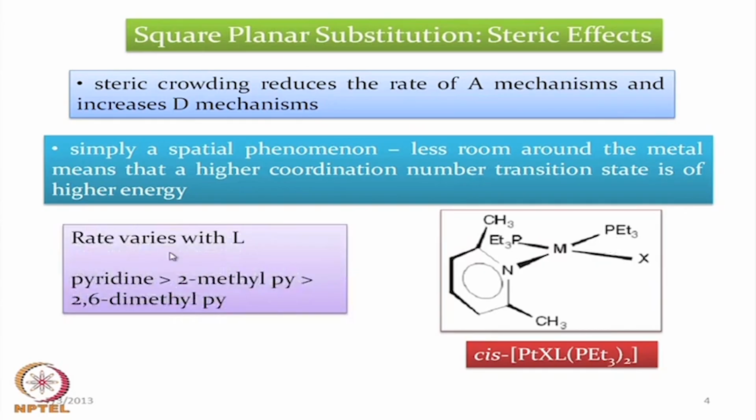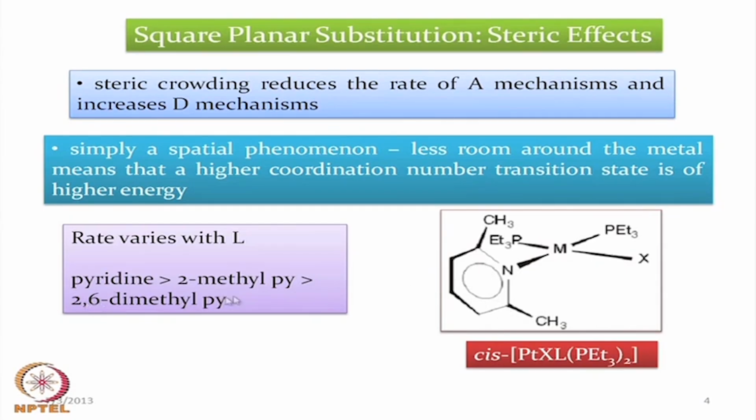In this particular case, the rate of the substitution reaction for this molecule basically varies with respect to the different types of L groups. So, when L is less sterically crowded, that means only pyridine, where we do not have any substitution on these two carbon atoms, these two carbons having hydrogen atoms attached, which is basically the simple pyridine molecule.